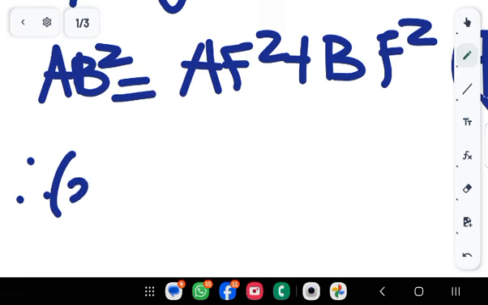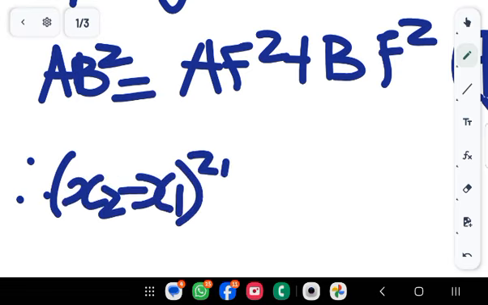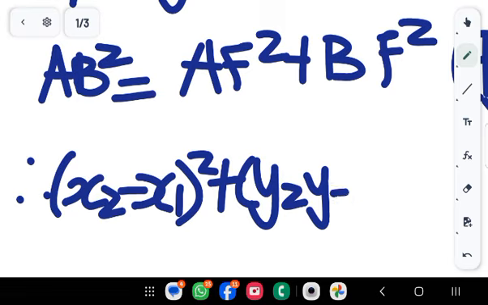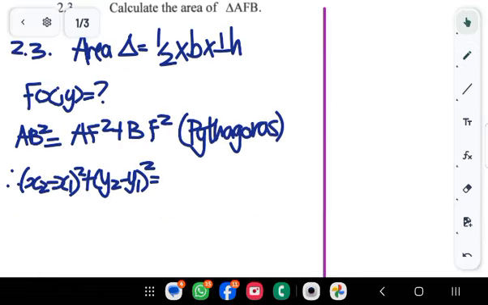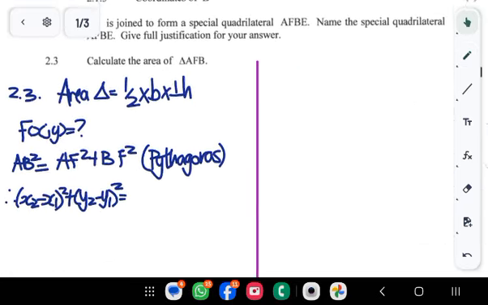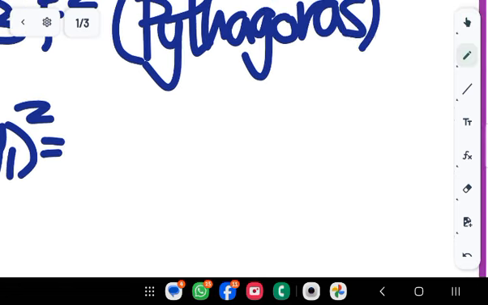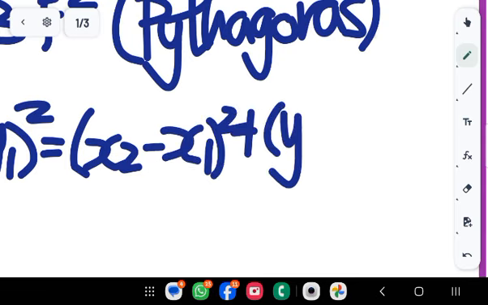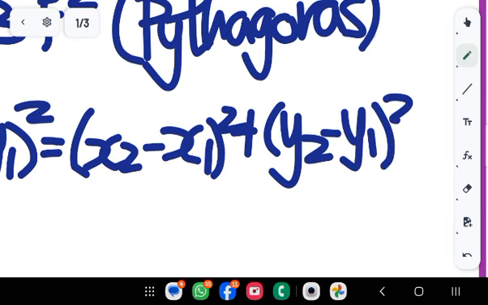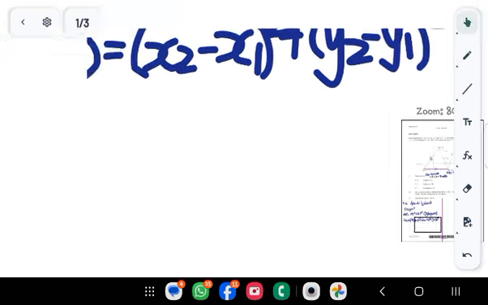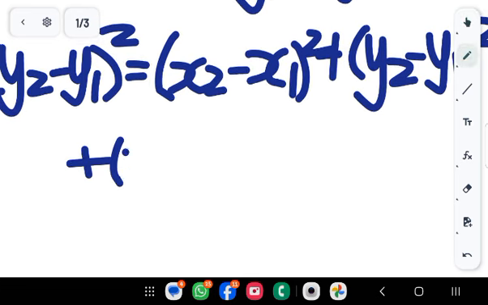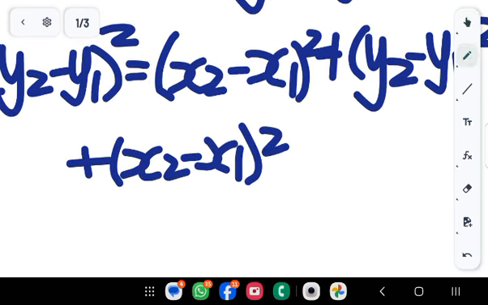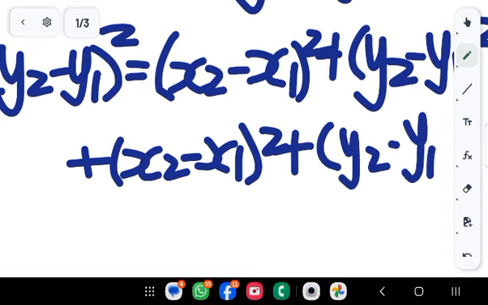Therefore, x2 minus x1 all squared plus y2 minus y1 squared equals, same story, x2 minus x1 all squared plus y2 minus y1 all squared plus, same story for that, x2 minus x1 all squared plus y2 minus y1 all squared.